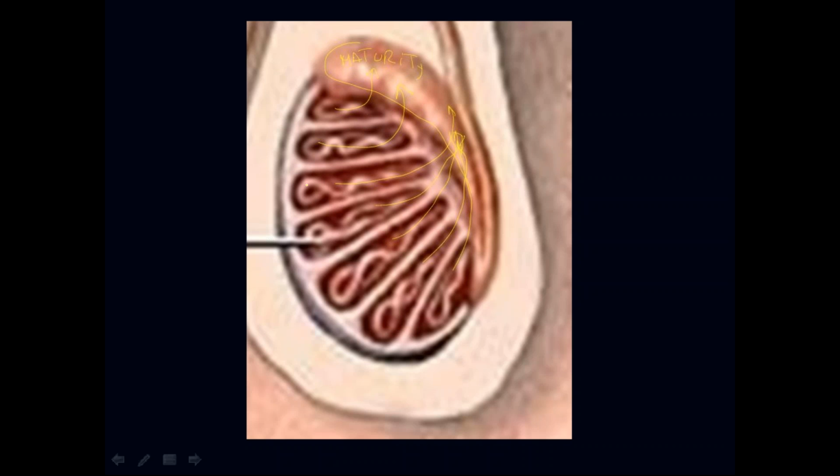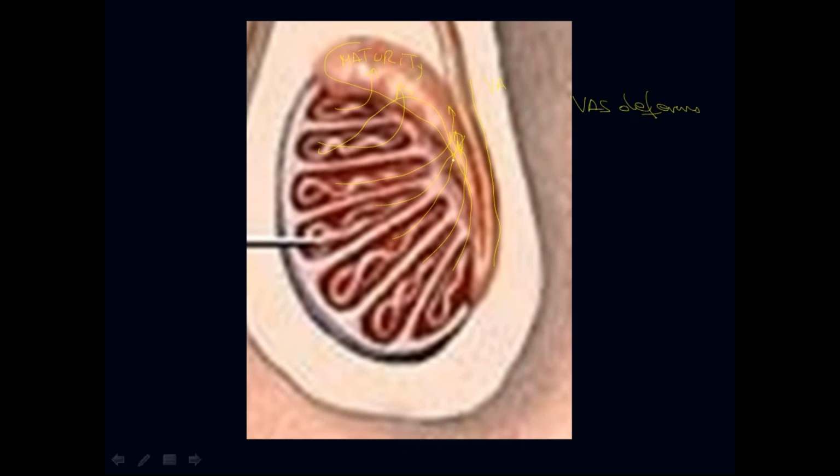So they go from the seminiferous tubules to the epididymis. From the epididymis, they go all the way down, and then to the vas deferens. Remember the vas deferens? That is the pathway.